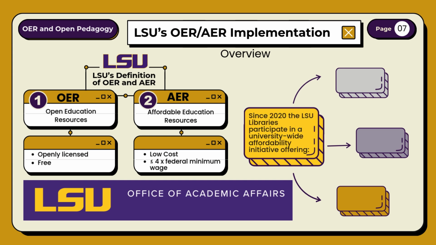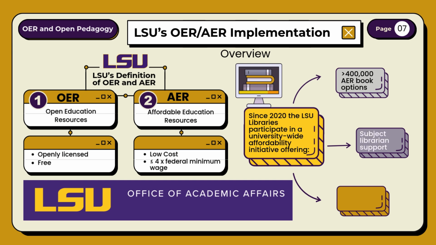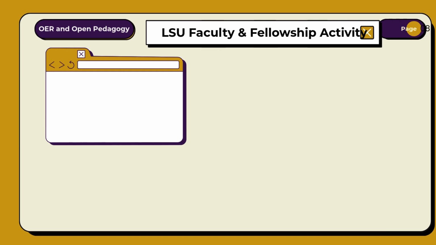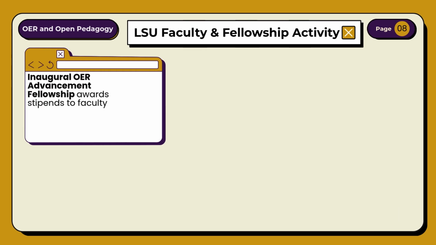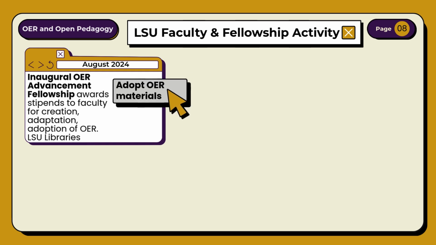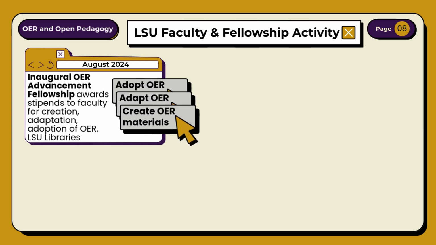The LSU Libraries Affordability Initiative, launched since 2020, means faculty have access to many book options, tailored support, and help navigating open licensing. More specifically, LSU launched an OER Advancement Fellowship in August 2024. This initiative gives faculty stipends and formal training to adopt, adapt, or create OER materials.